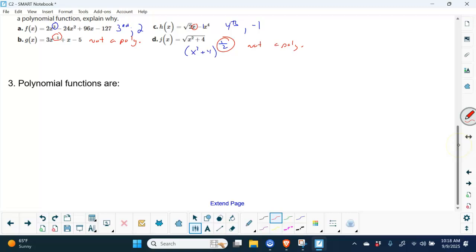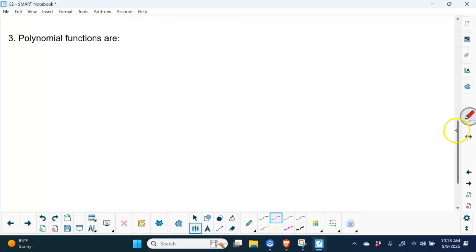All right, how about some things we know about polynomial functions? So polynomial functions are continuous. So again, if you were to draw the function, you'd never have to lift your pen or pencil off the paper going from its lowest value to its highest value, or from left to right from the domain.